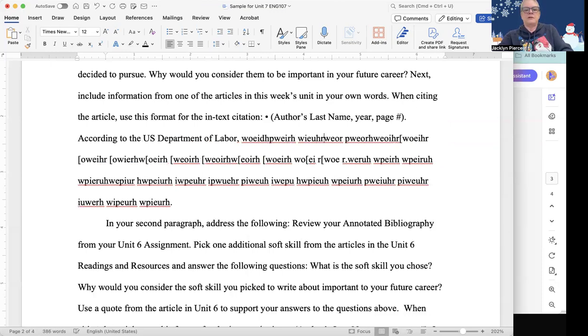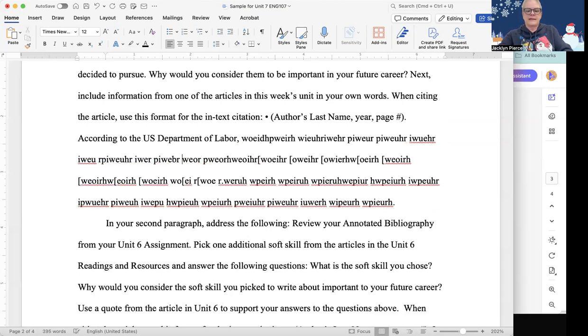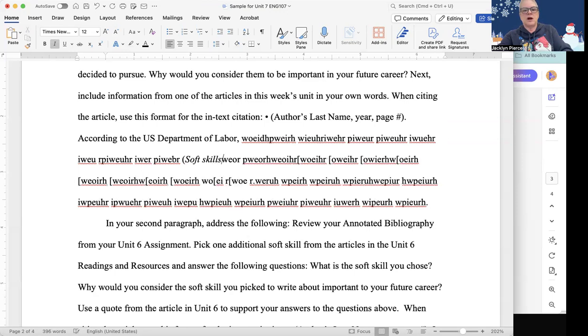And then I would give my little paraphrase, not a direct quote. Now, when I cite this, I'm going to put it in italics because the title is in italics. It's going to say Soft Skills. You do not have to use the whole title, just the first couple of words are sufficient. But we then have to put in n period, d period for no date.